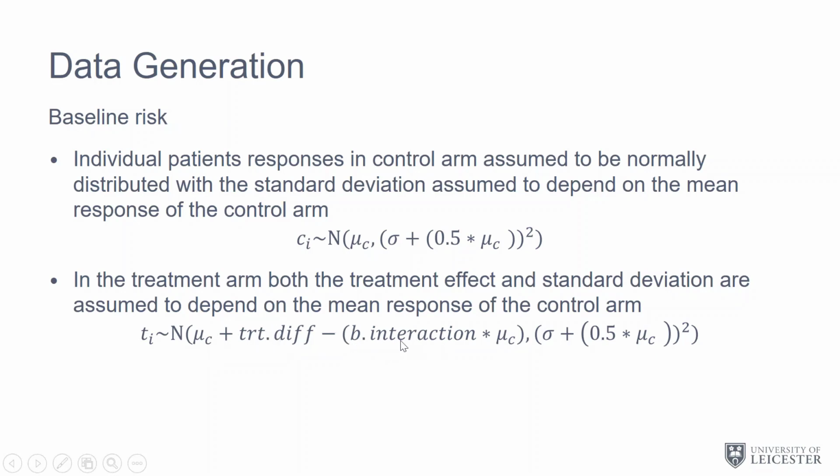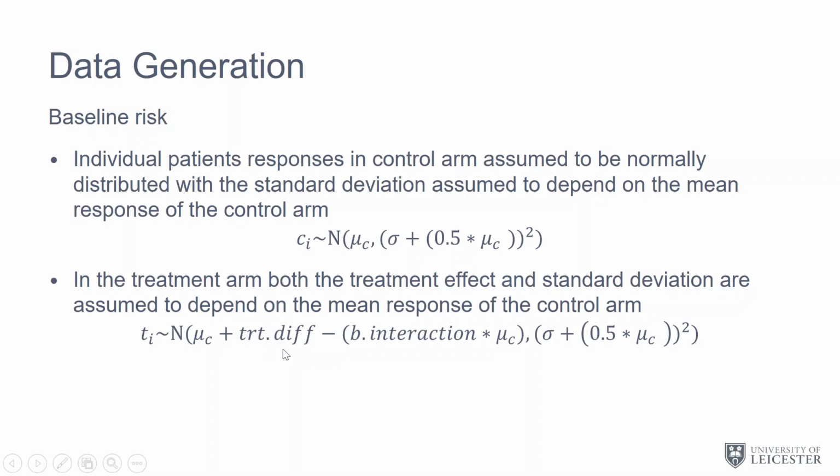And then here this B.interaction term represents the strength of the baseline risk by treatment effect interaction that we have. And once again, the standard deviation also depends on that response from the control group. So across both slides here, the variance in the control and the treatment arms is the same. By doing this, we assume that both treatment arms are influenced by baseline risk in the same way.